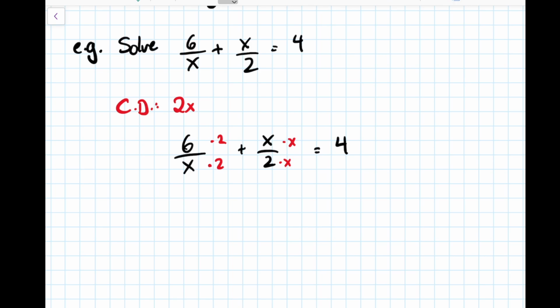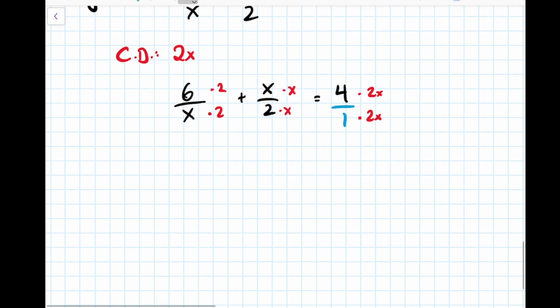This is 4 over 1. And so I also have to multiply this one by 2x to make it match. Every term needs that common denominator. So when I do that, I'm going to get 12 over 2x plus x squared over 2x equals 8x over 2x.